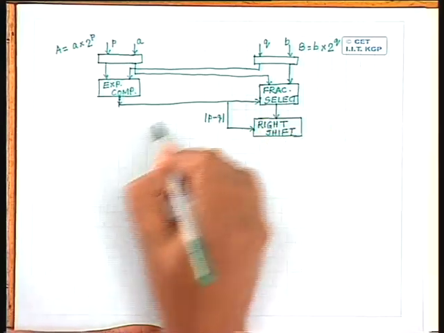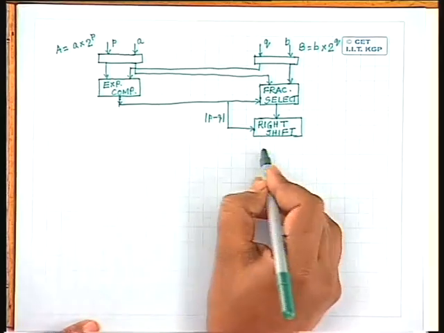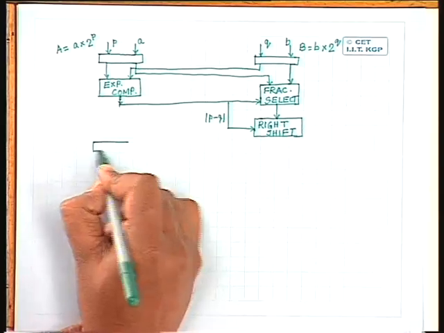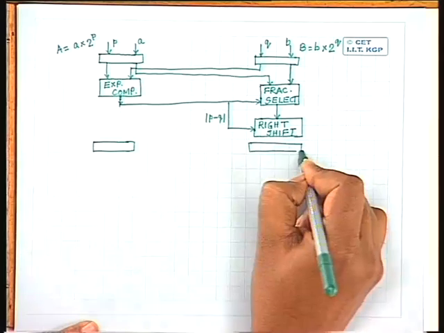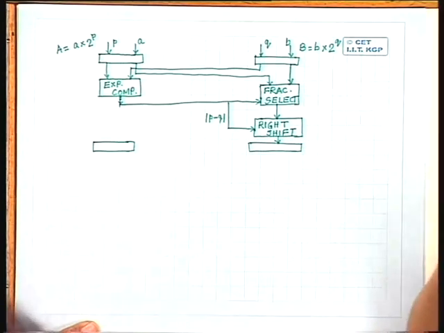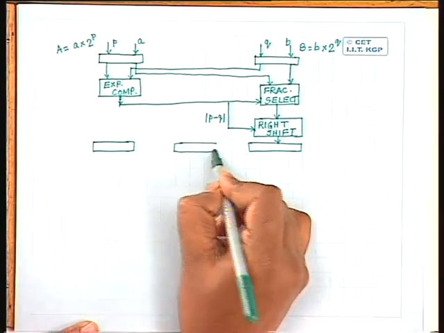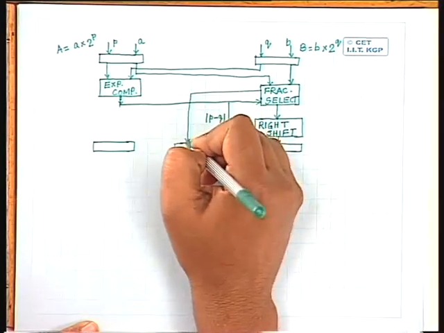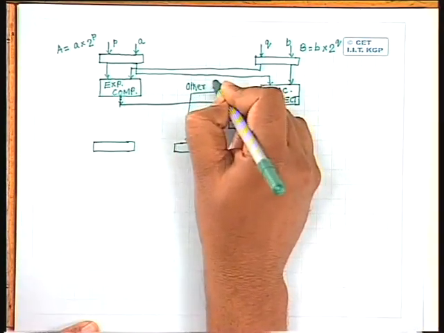After that, following this, I can put another latch. You see that the output of this right shifter is the normalized fraction. I have to add this normalized fraction with the other fraction which is not normalized, so I have to have the other fraction coming to this latch. This gives you the other fraction.